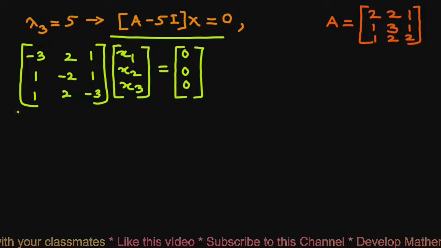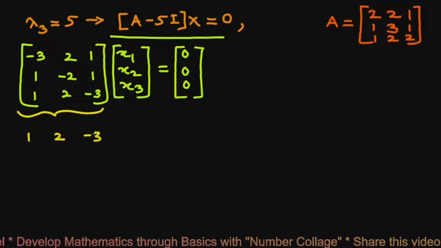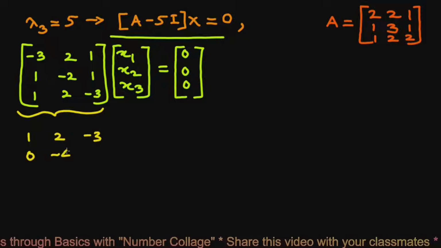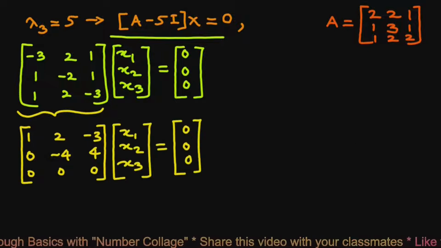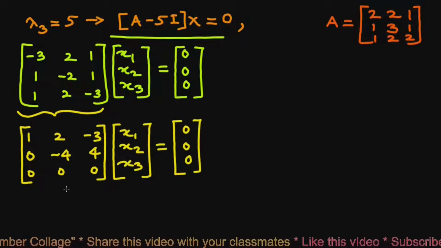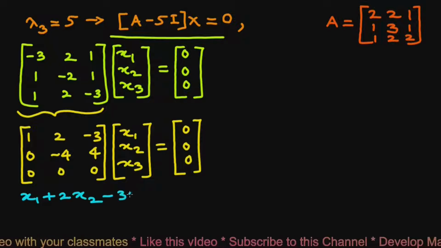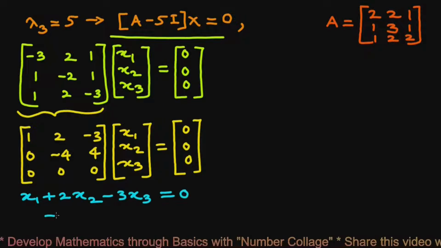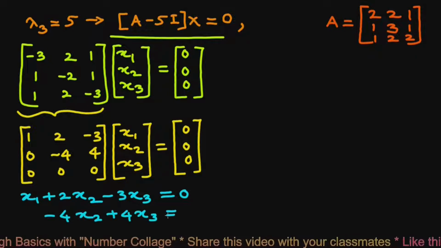The row echelon form of this coefficient matrix will be [1 2 minus 3; 0 minus 4 4; 0 0 0]. Matrix multiplication gives us two linear equations: x1 plus 2x2 minus 3x3 equals 0, and minus 4x2 plus 4x3 equals 0.